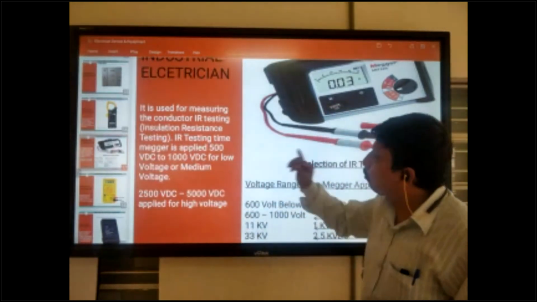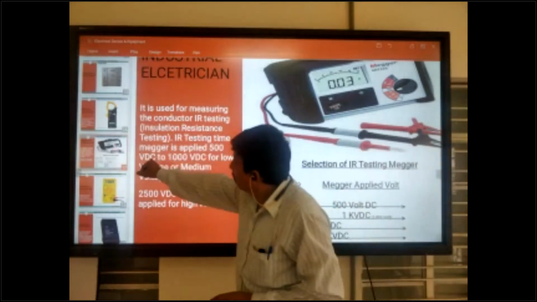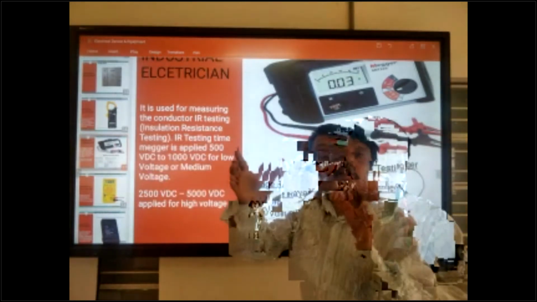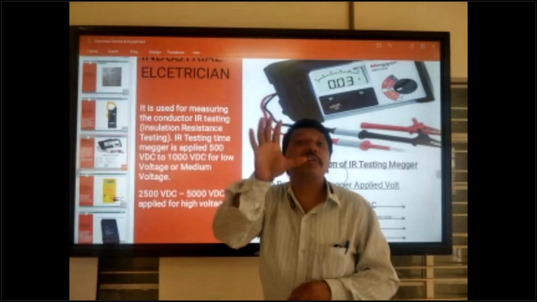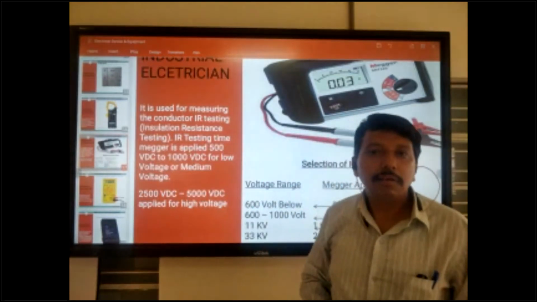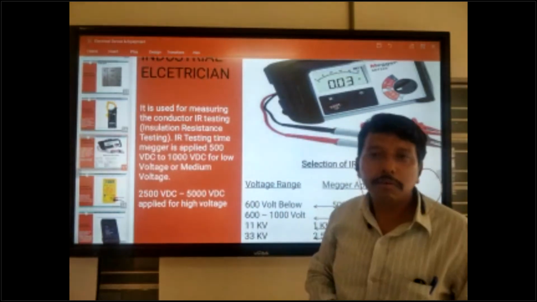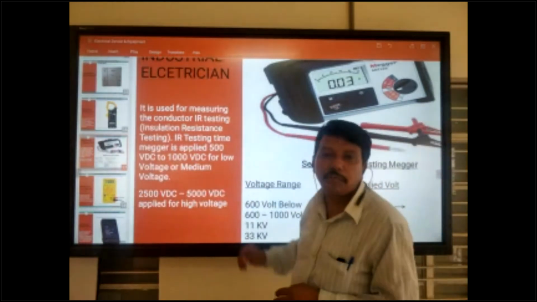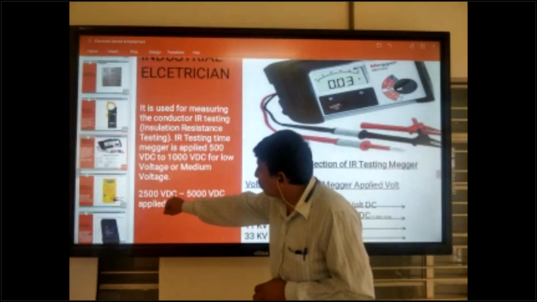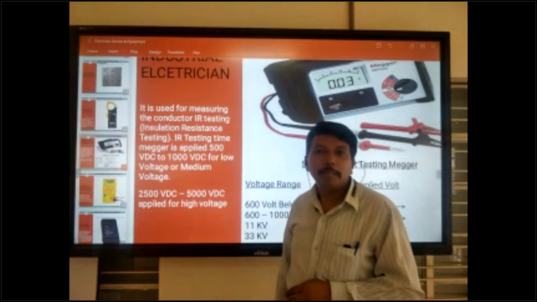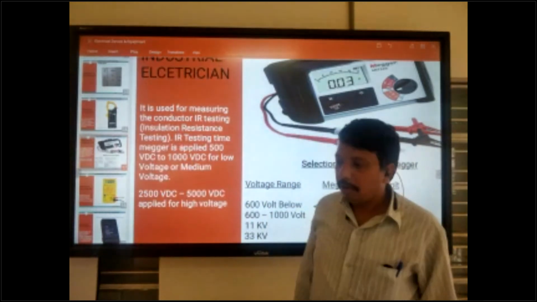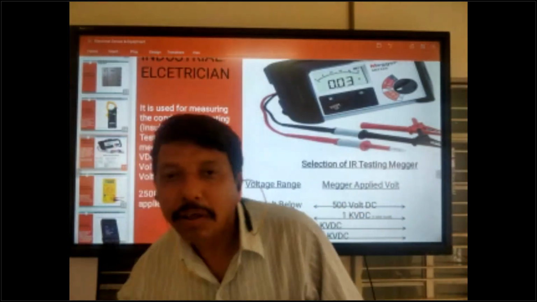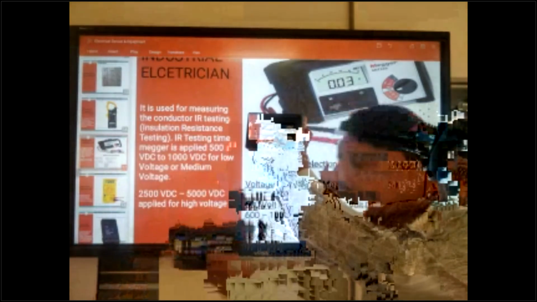So you should say the megger applies 500 volt to 1000 volt DC. DC is important. Don't forget DC. The megger outgoing is DC volt, because I already told you the megger uses a battery.